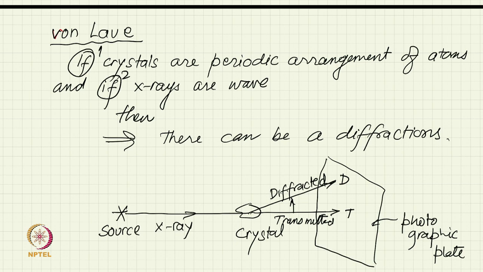They set up this experiment not knowing whether they would find a diffracted beam or not. When they set up the experiment, they did find that there was a large patch in the transmitted region, but there were patches away from the transmitted region, showing that the crystal is diffracting. So it was a very happy experiment, a very lucky experiment, for which he got the Nobel Prize.